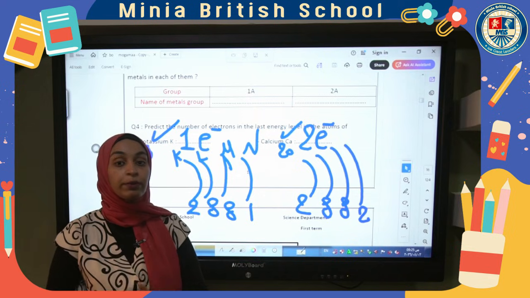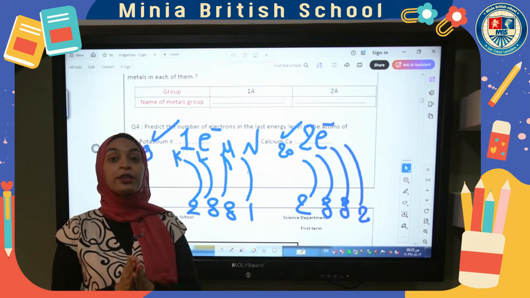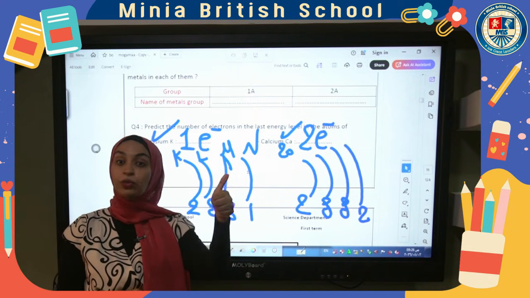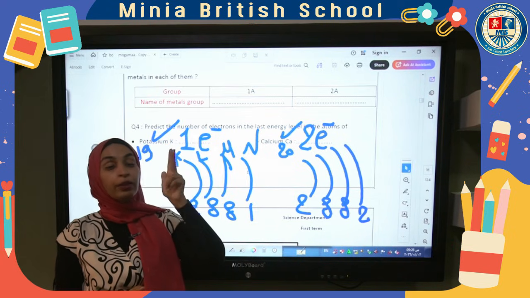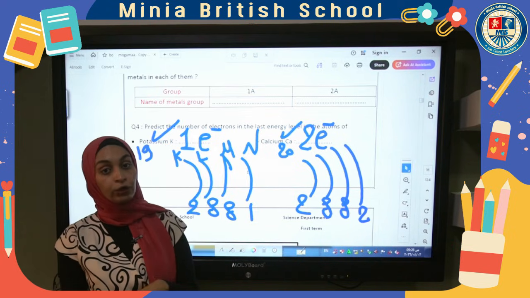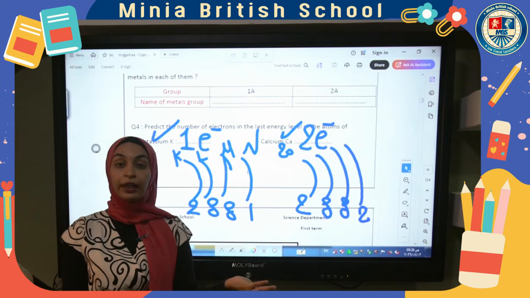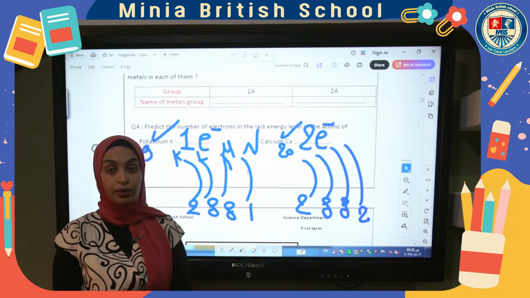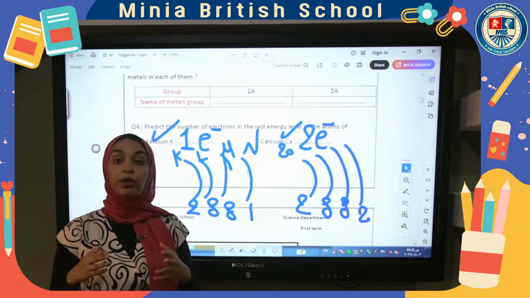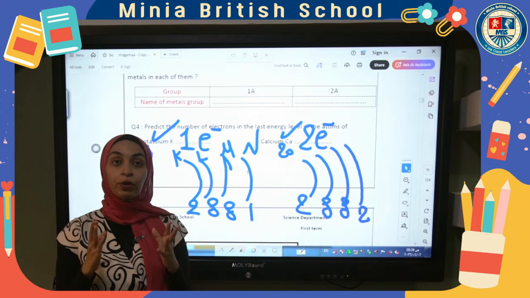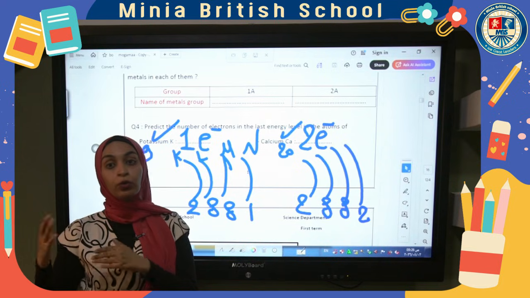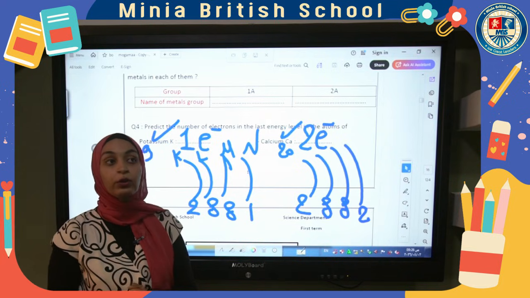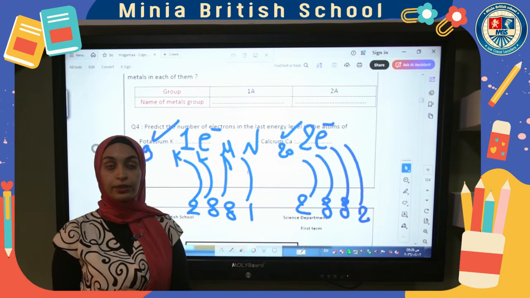Don't forget the attempts at classifying elements, starting with Mendeleev according to the atomic mass, then according to the atomic number, and the modern periodic table according to the atomic number and the way of filling energy sublevels with electrons. Then we learned how we can predict the number of electrons in the outermost energy level according to the group or the block that the element belongs to.